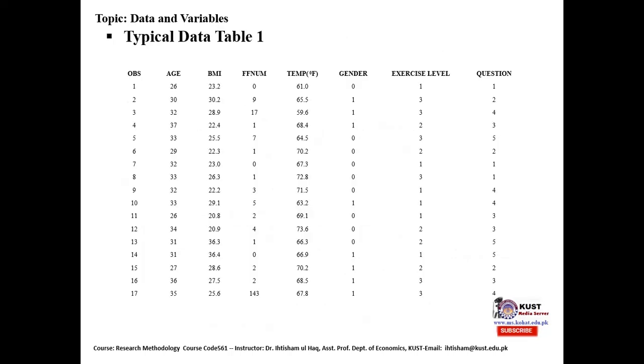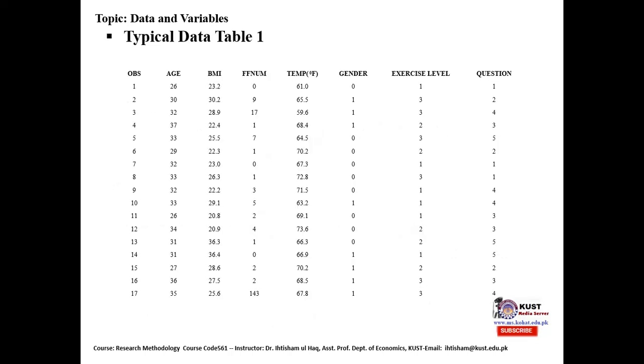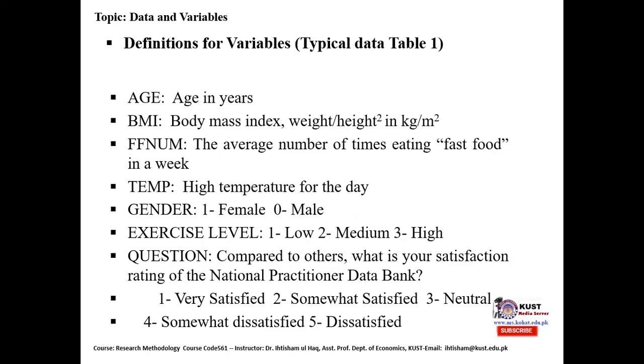So if you look into the first respondent, the answer to question is 1, so it means that person is very satisfied. Similarly, if you look into the second respondent, he assigned 2 to the question, so it means that person is somewhat satisfied.